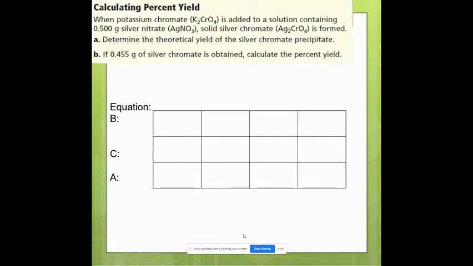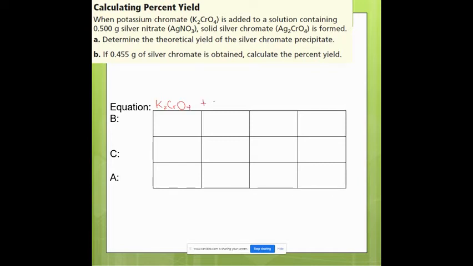All right, next problem. Here we have potassium chromate. We are reacting that with silver nitrate. We're forming silver chromate, and they want to know what the theoretical yield is, and then we'll have to calculate the percent yield after that. So starting out with our balanced equation here, we are going to have our potassium chromate, K2CrO4.